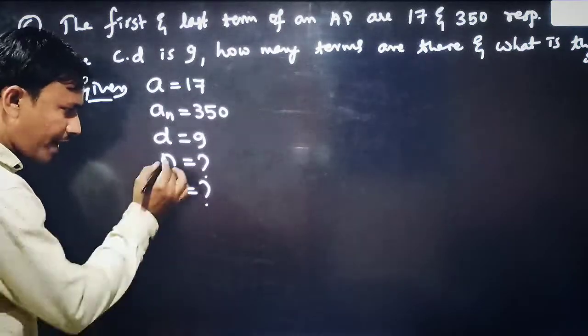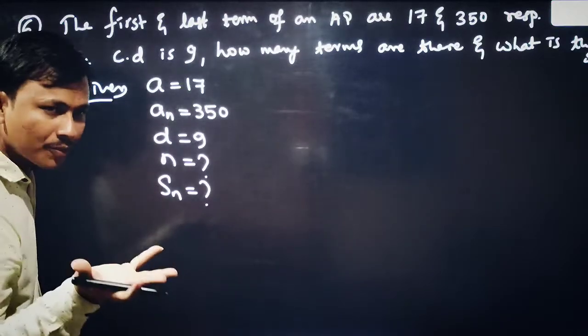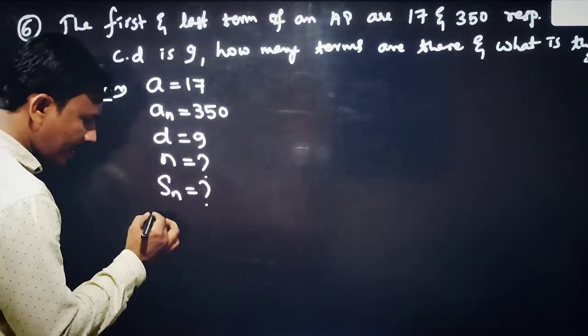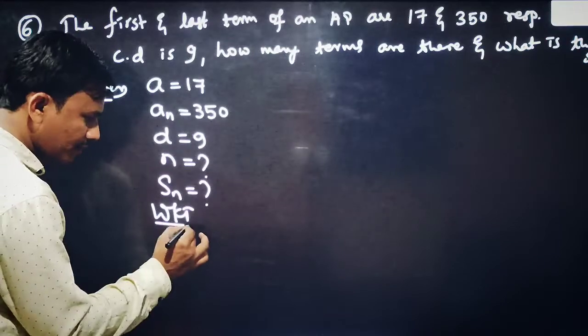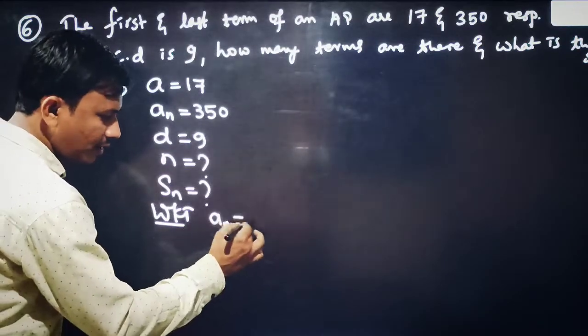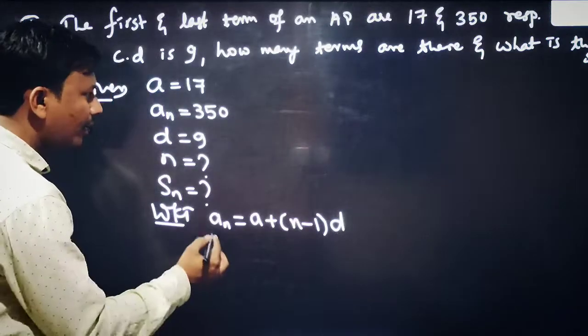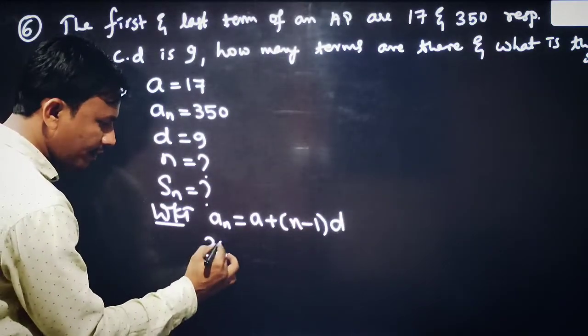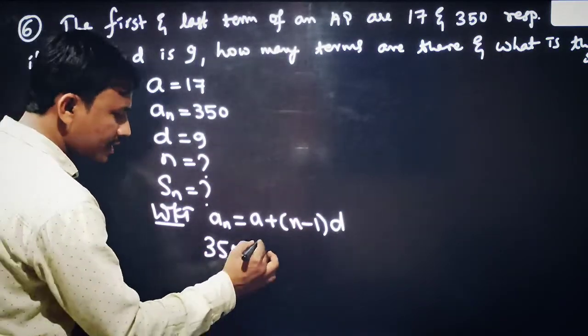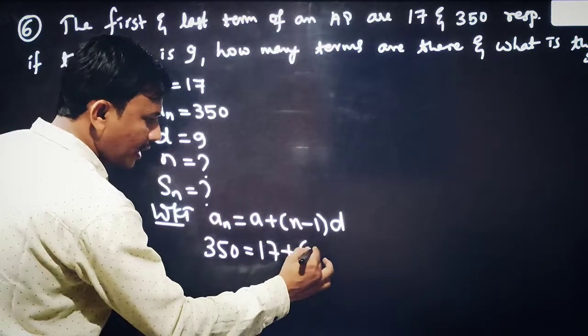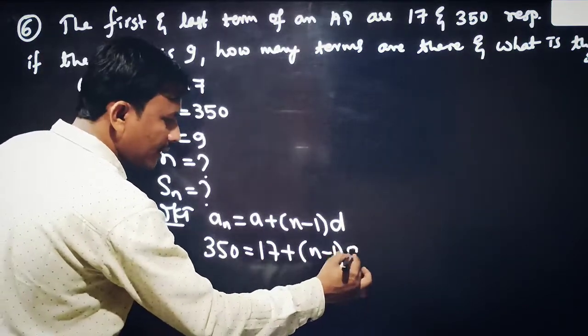Correct? To find n value, we need to take the an formula. We know that an is equal to a plus in bracket n minus 1 into D. What is an? 350 is equal to a, 17, plus n minus 1, D value is 9.